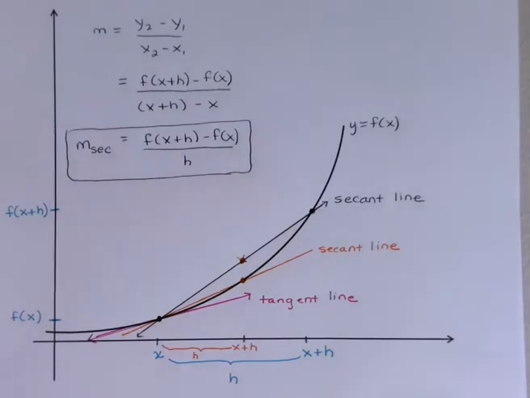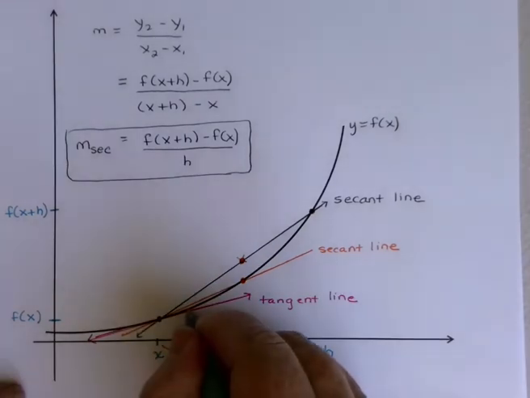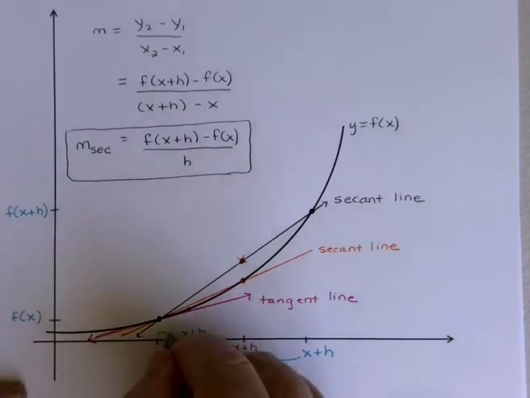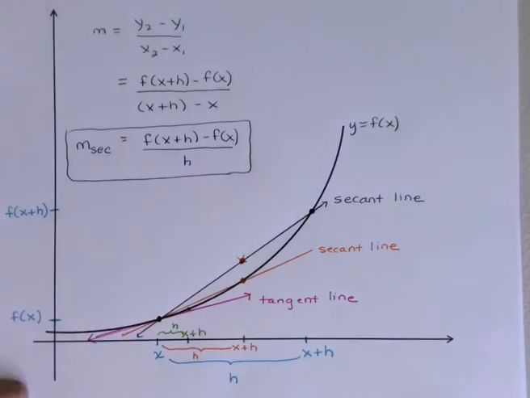Now I could keep on doing this, right? I could make my points even closer together. Maybe I pick a point right about here. So this is the new x plus h for a much smaller h value yet.